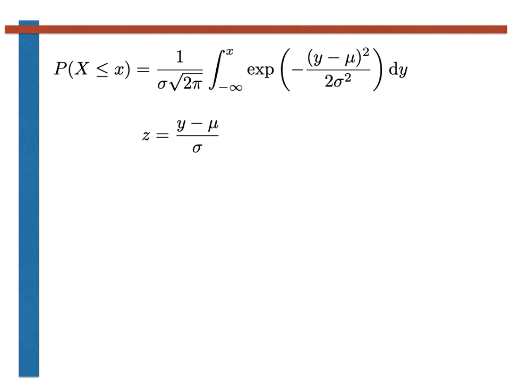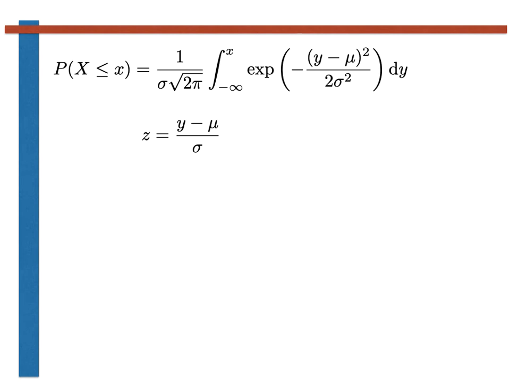The first thing we need to change is the integrand, which must be written in terms of z rather than y. Y minus mu all squared over 2 sigma squared is equal to z squared over 2. So the e to the minus y minus mu all squared over 2 sigma squared in the current integrand will become e to the minus z squared over 2.